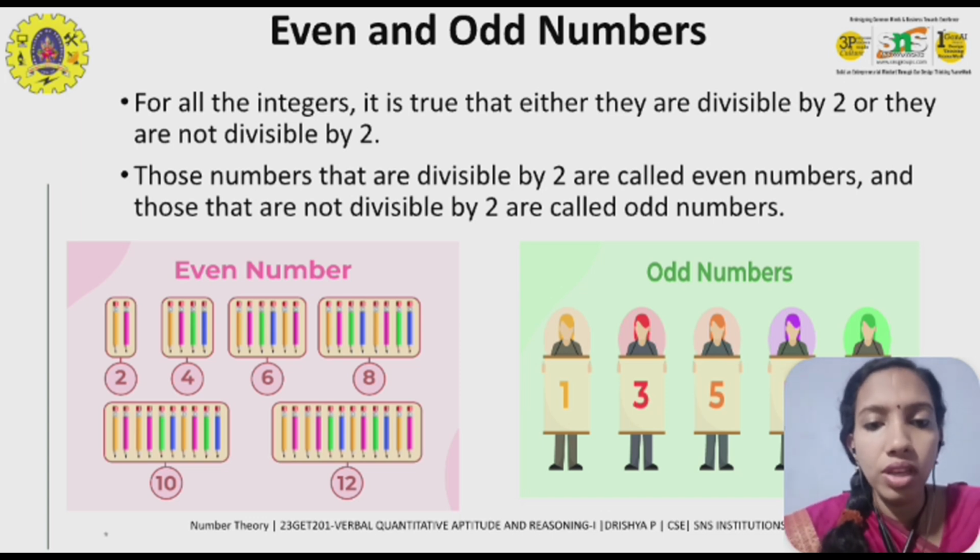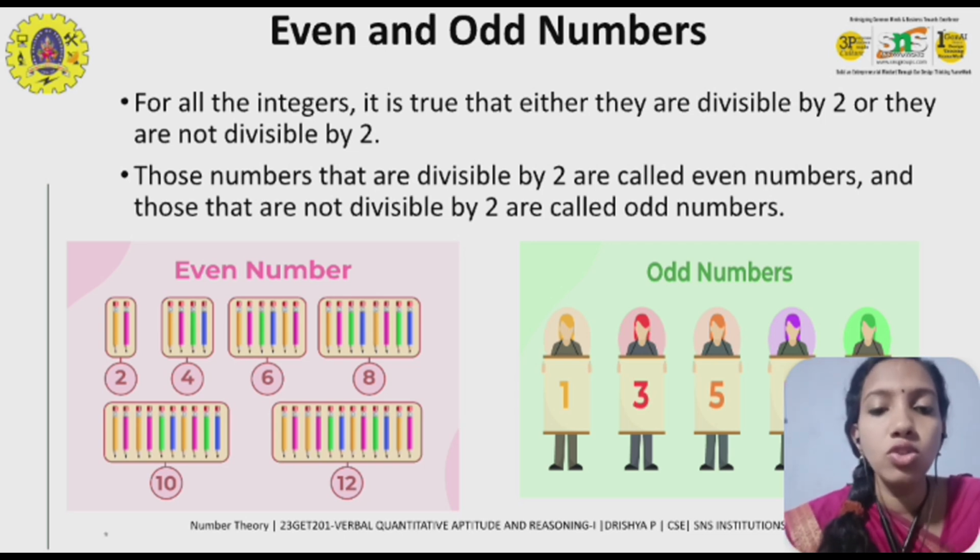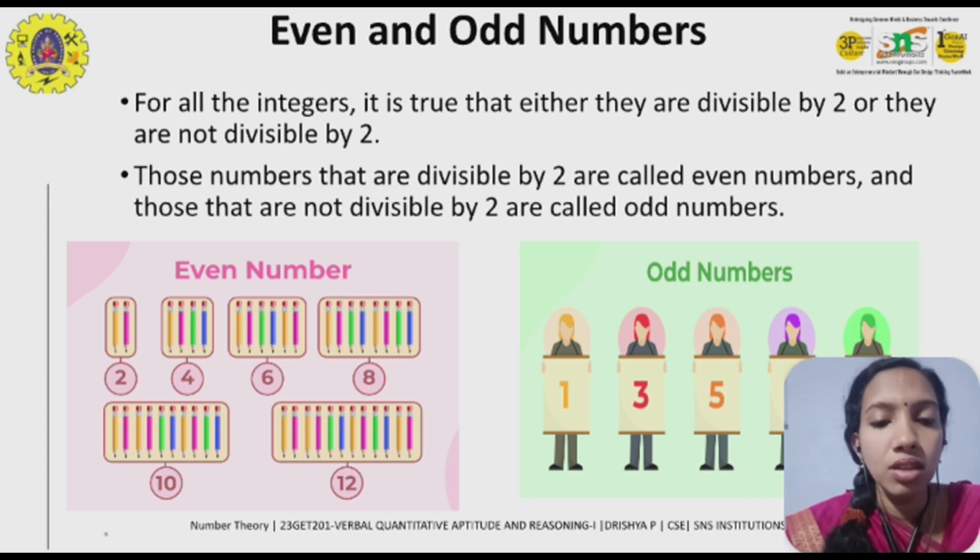Those numbers that are divisible by 2 are called even numbers, and those numbers that are not divisible by 2 are called odd numbers. If the number is 2, 2 is divisible by 2, we get the remainder as 0, so 2 is an even number. Then 3 is not divisible by 2, we get the remainder as 1, so 3 is an odd number.